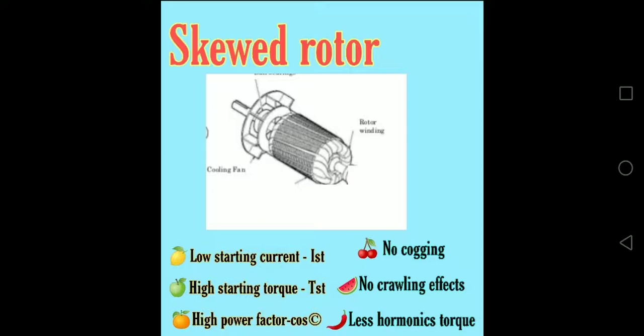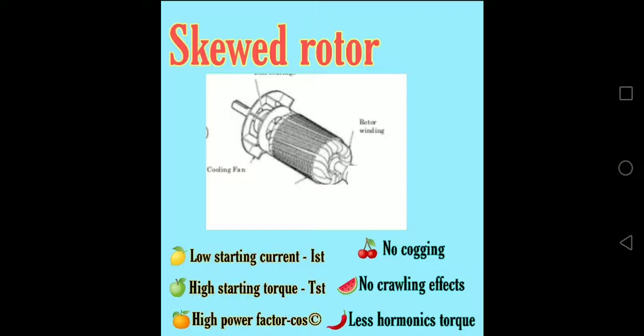Crowding effect: when the machine is running, at 1/7 of the harmonics, the machine stops rotating or vibrates. That effect is called the crowding effect. In the skewed rotor method, the slots are inclined, so harmonics are very less.